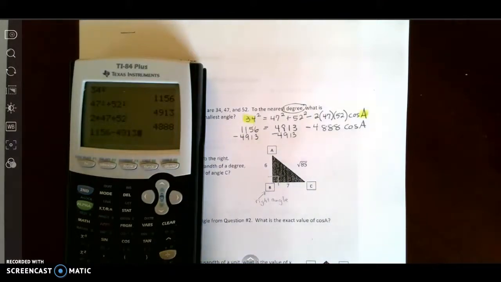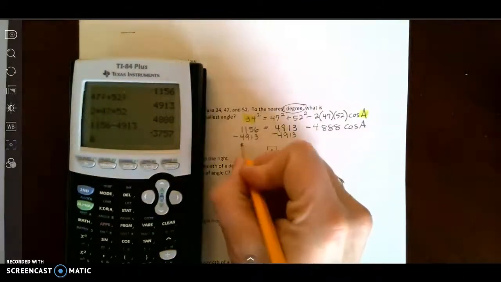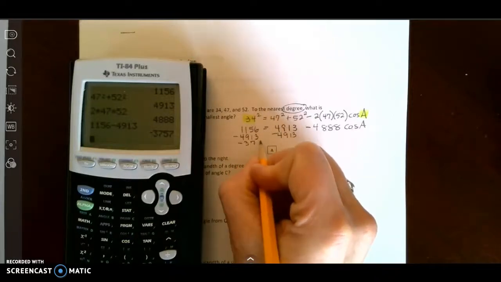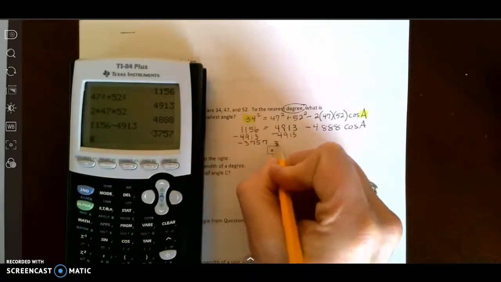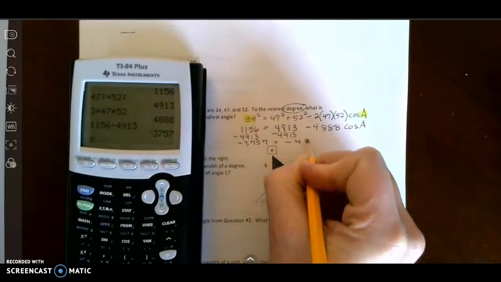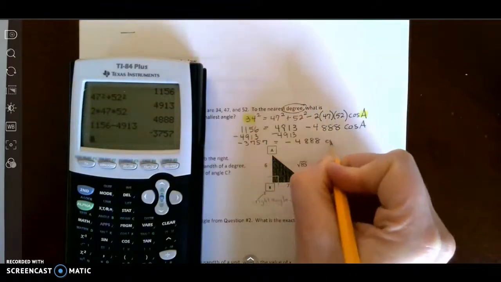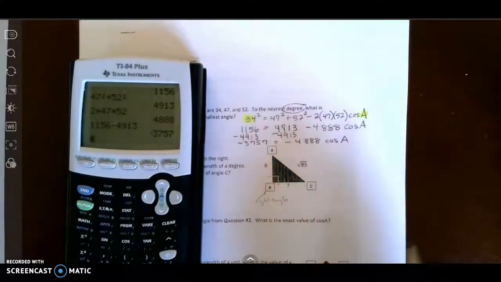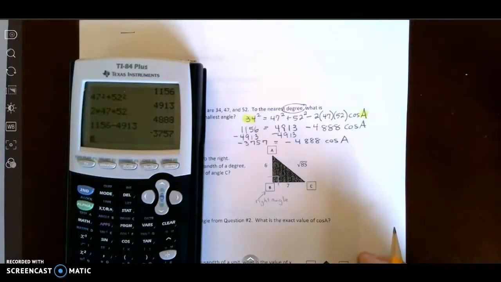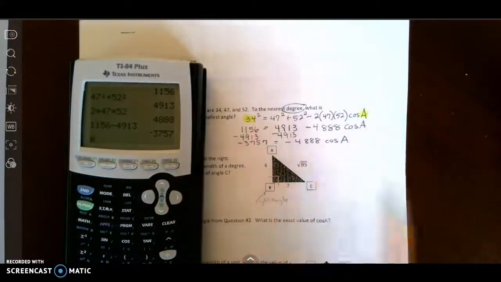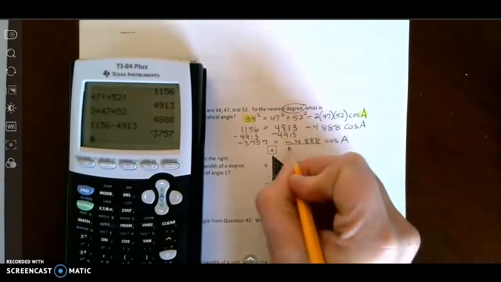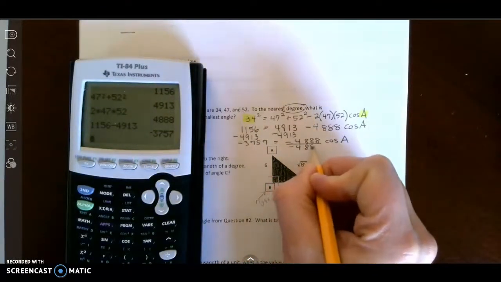Using my calculator, negative 3,757 equals negative 4,888 cosine of A. Now I'm going to divide both sides by the negative 4,888.